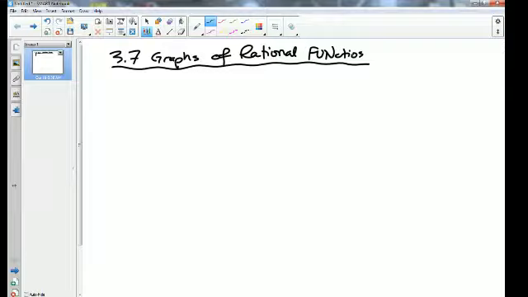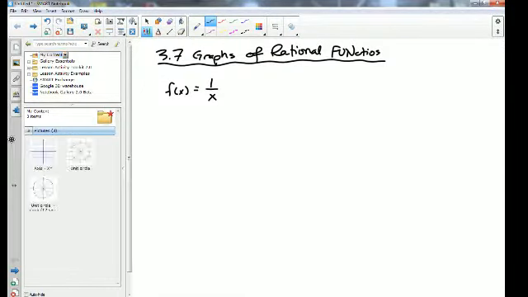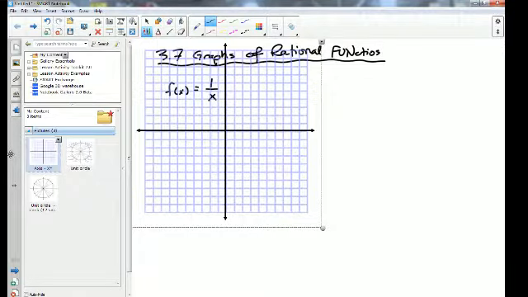Okay, what's the parent rational function? I think Obed told us last time, so don't tell us again. We are going to deal with the transformations of that graph more specifically today.